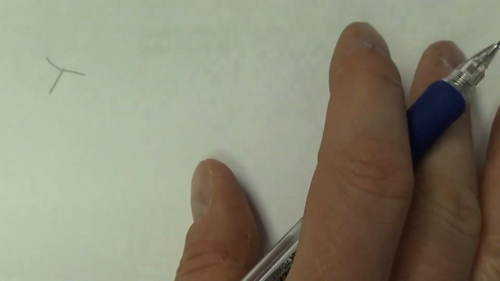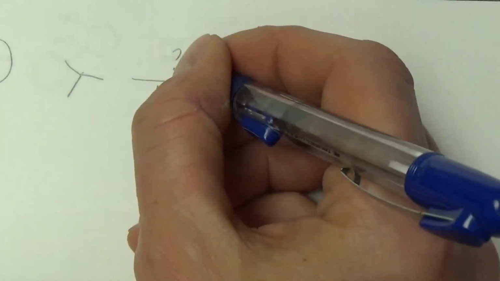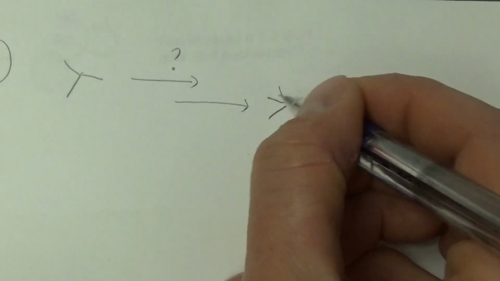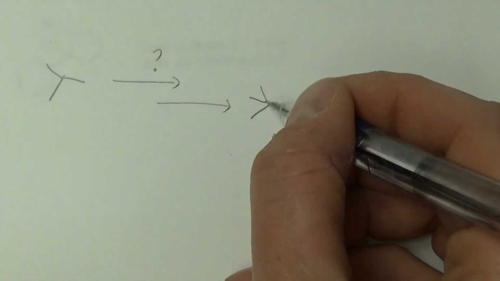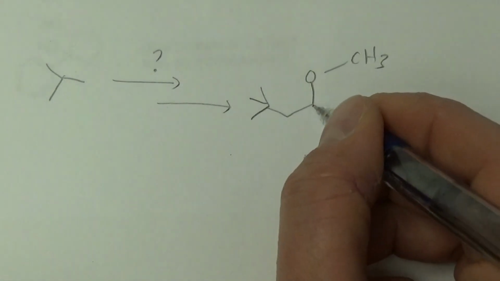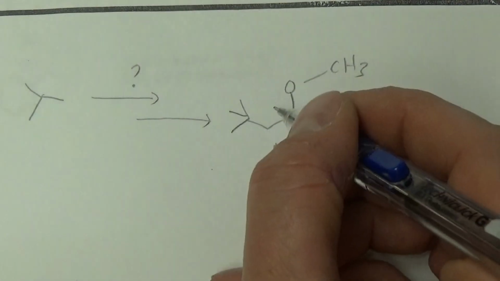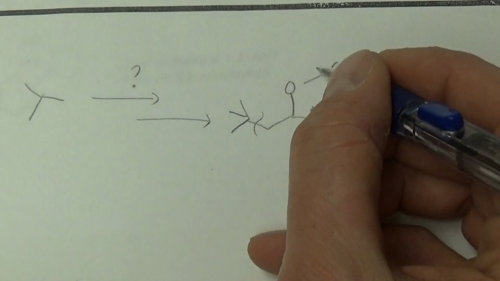I'll redraw M. Alright, so we're doing tert-butyl, O, CH3, cyclopentane, and it looks like we're attaching there, and we're also attaching there.